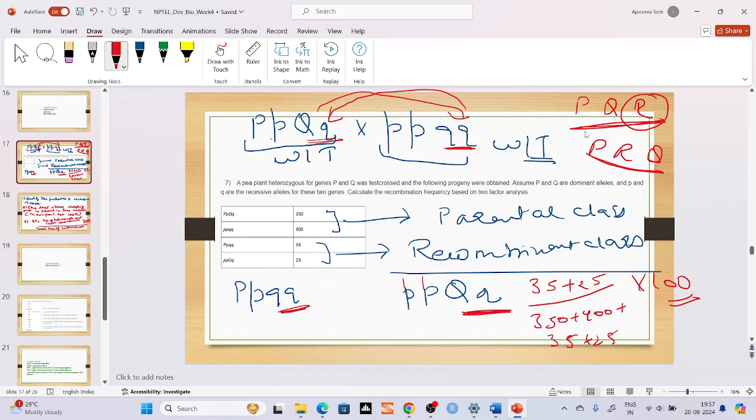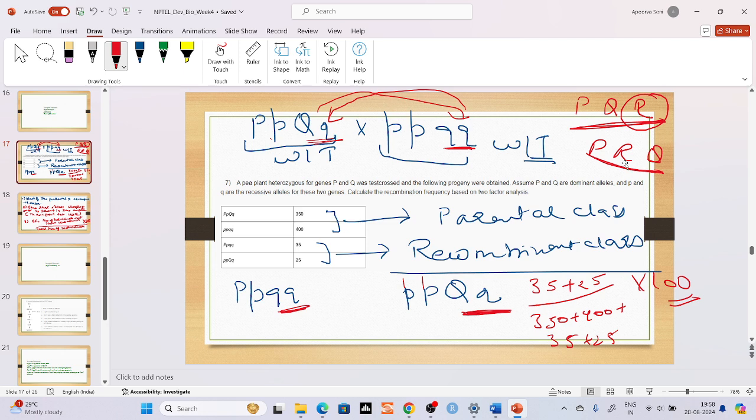You can determine it by knowing which particular gene amongst the three is getting crossover. Whichever gene is getting crossover, that gene is present in the middle. I told this 3-4 times that this is not applicable here. Do not get confused. I am telling you this for 3-point test cross.